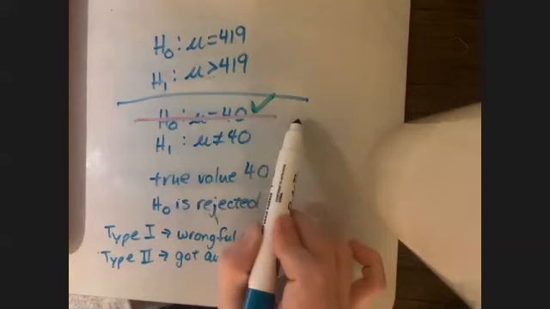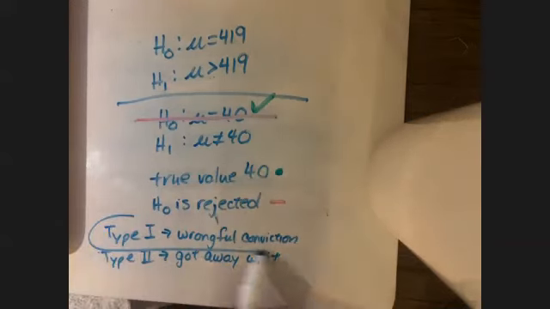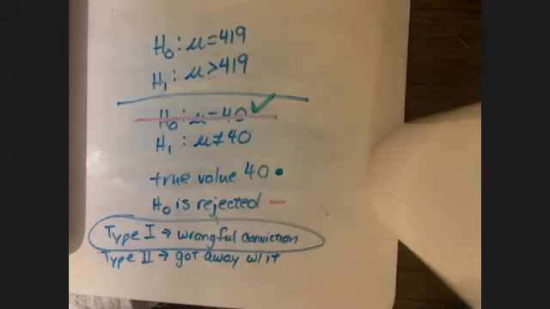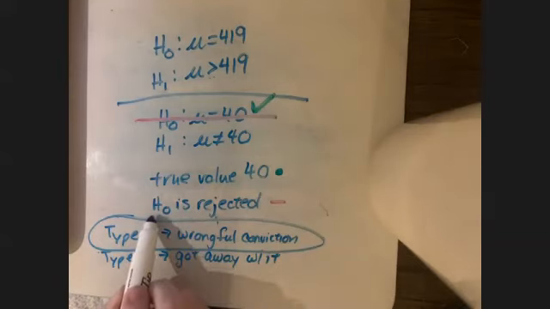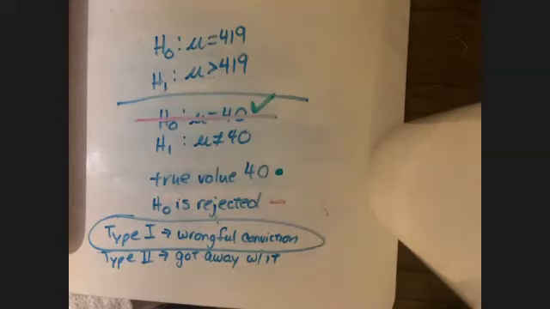I got rid of the not guilty and said they were guilty. That means I said they were guilty when they weren't. So when you talk about H naught being rejected, draw a line through H naught, because that's what you're getting rid of. If you fail to reject, then you can cross out the other one. Does that help a little bit? Hopefully it does.